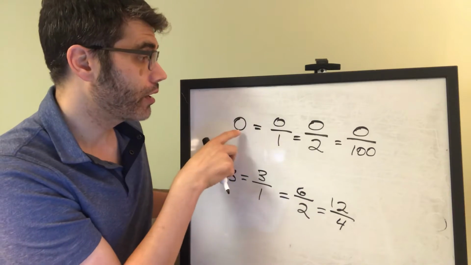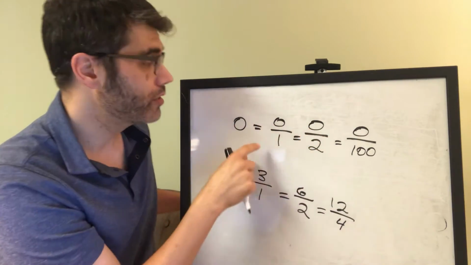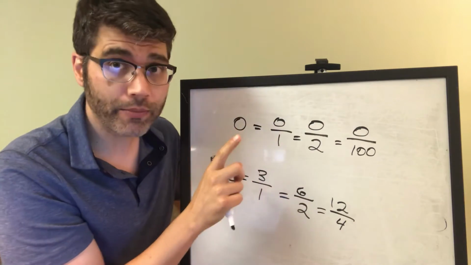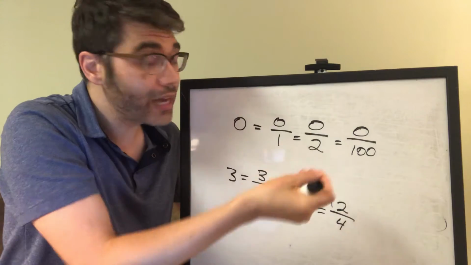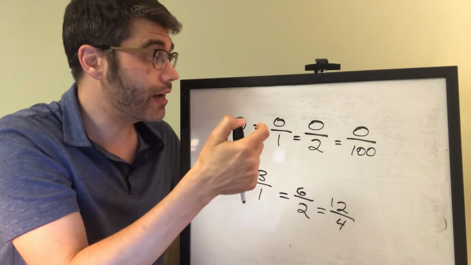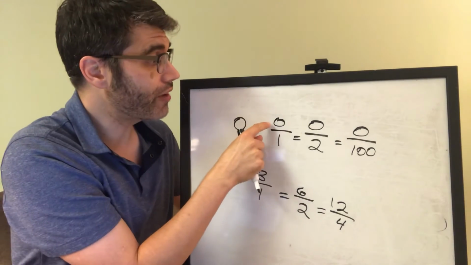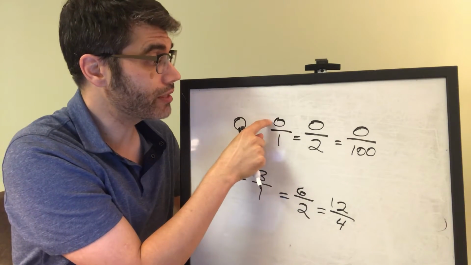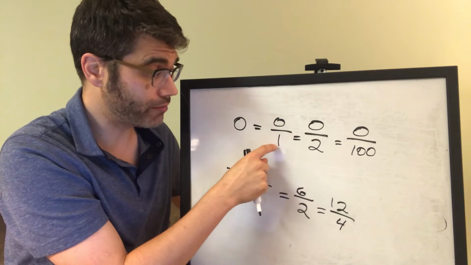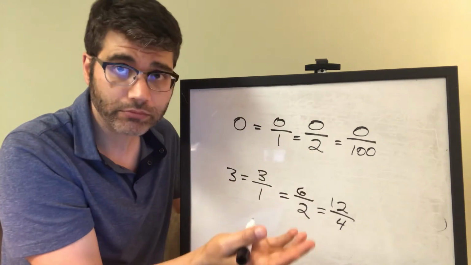So nothing is different when we're working with 0. When we have 0, we can put it over 1, great. And remember, I can do whatever to the top as long as I do it to the bottom. The numerator is treated equally as the denominator. So if I were to multiply the top by 2, 2 times 0 is 0, and the bottom by 2, 1 times 2 is 2.